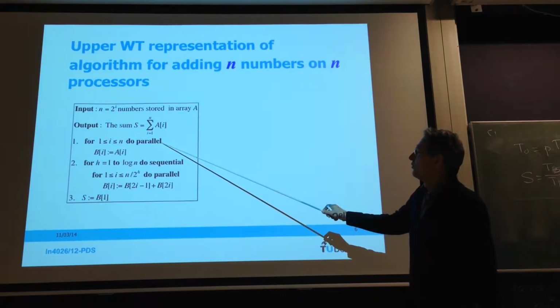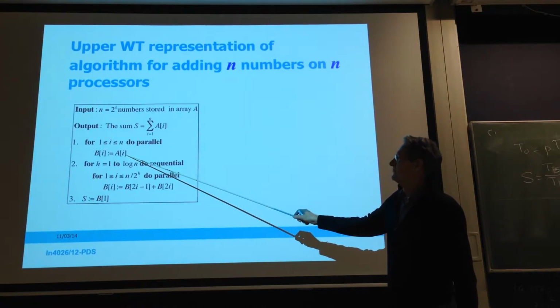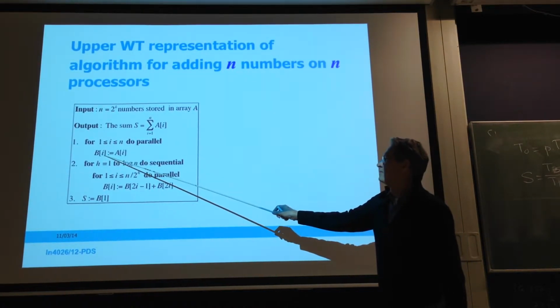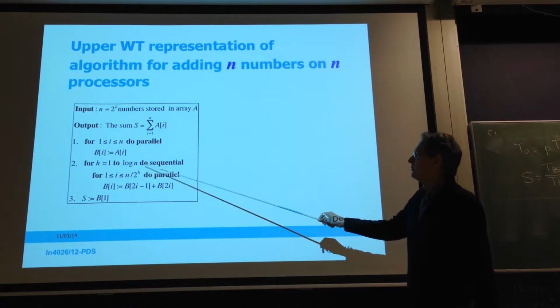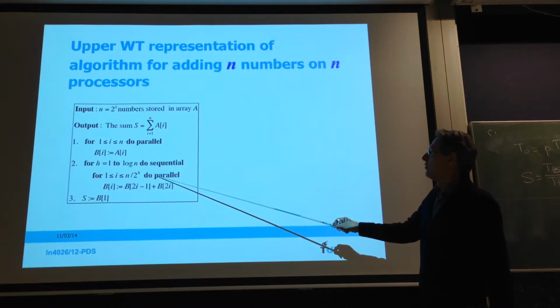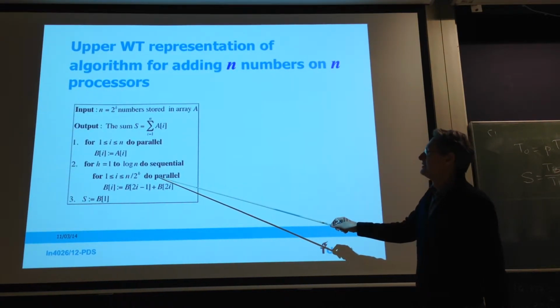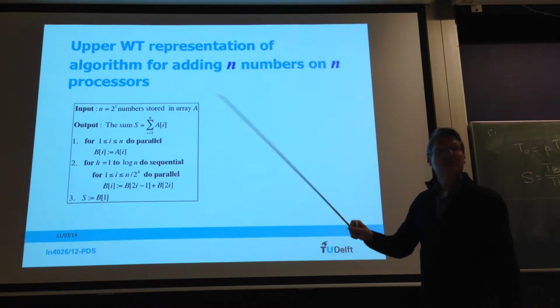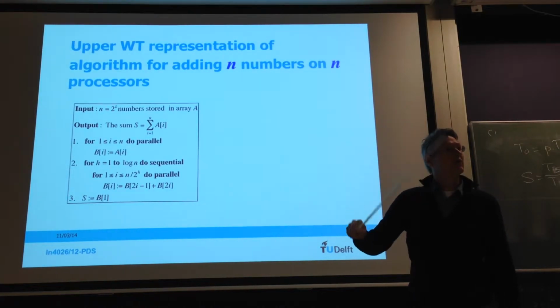So first of all, we copy all the elements A in a structure B. Then we do log n sequential steps in the outer loop, of a number of parallel steps in the inner loop. And that's equivalent to the graph you've shown.